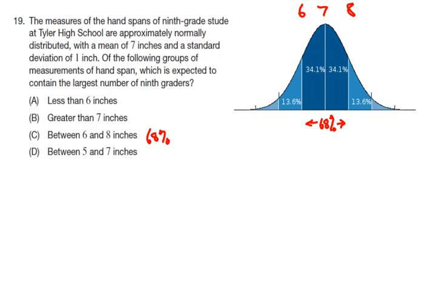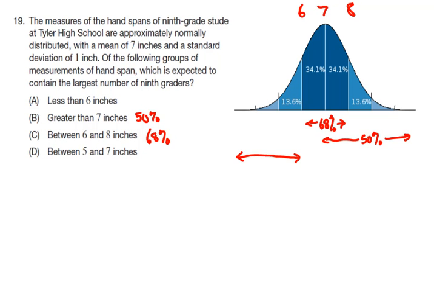Now greater than 7 inches, obviously that's half of the data, so that would be 50%. So the 68% is better than that. Now less than 6 inches, well, if 50% of the data is to the right of the mean, then the amount that's less than 6 inches is going to be less than 84% or something like that.